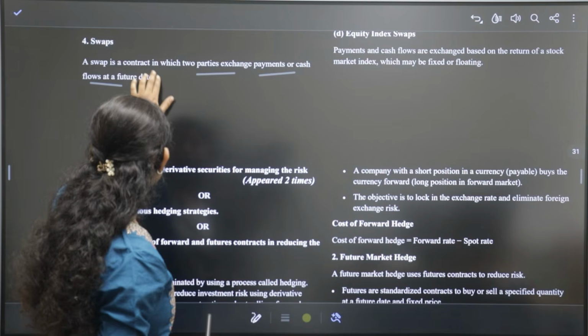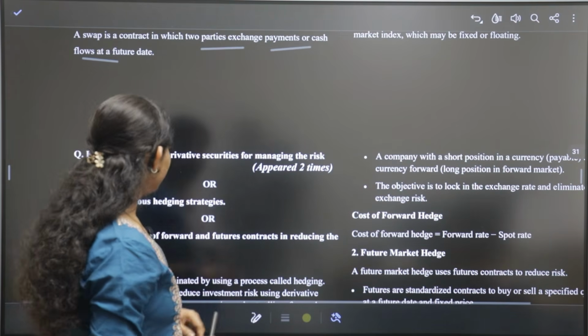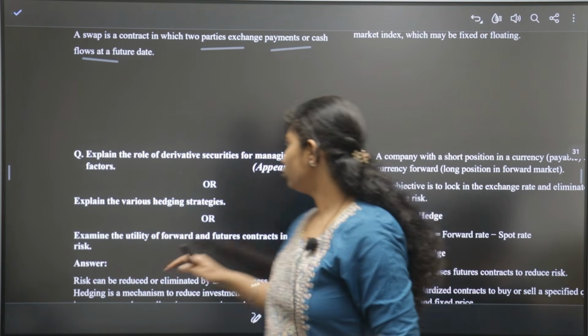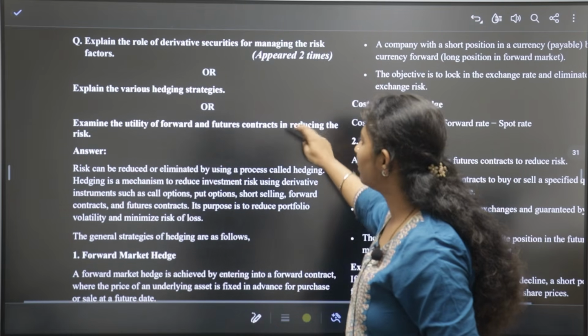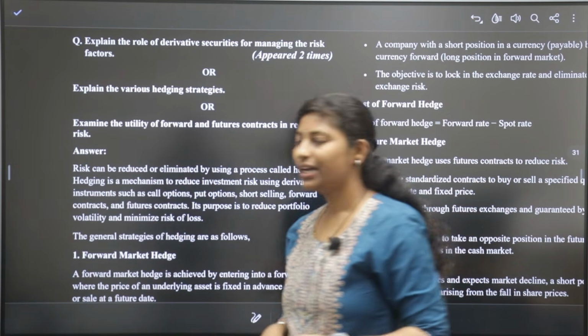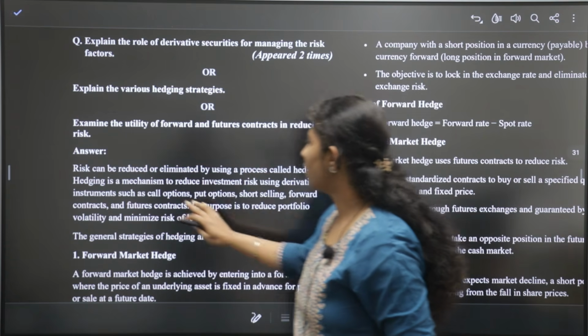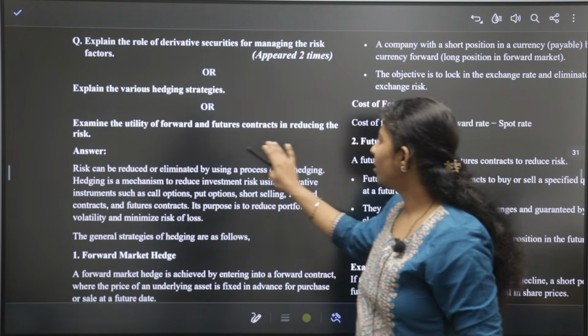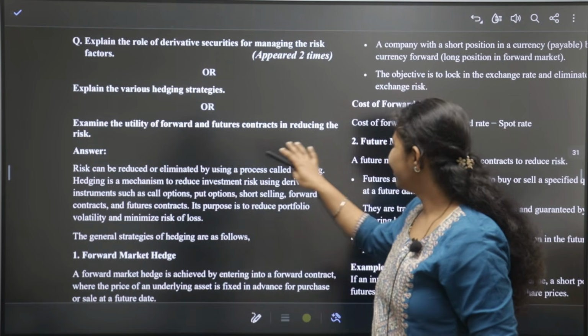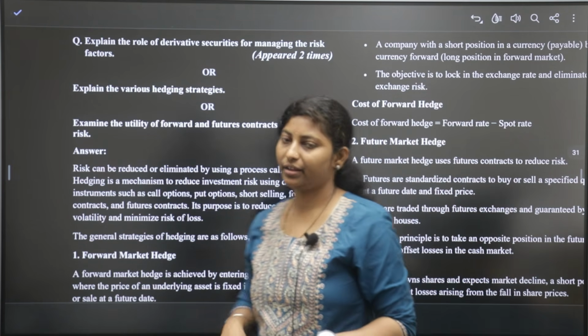Next question: explain the role of derivatives and securities in managing risk, or they may ask to explain the various hedging strategies, or examine the utility of forward and futures contracts in reducing risk.